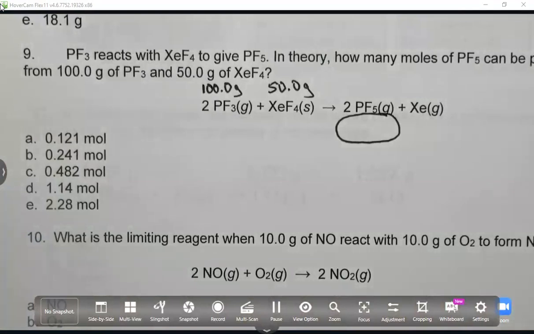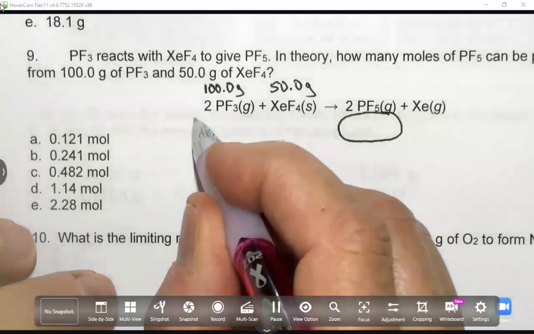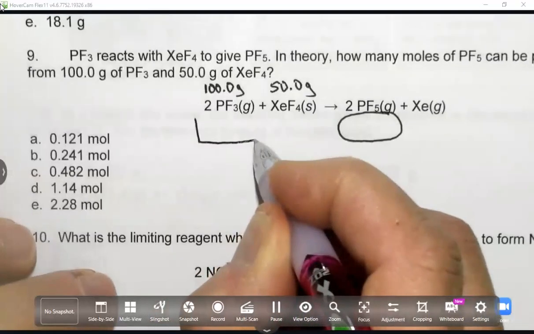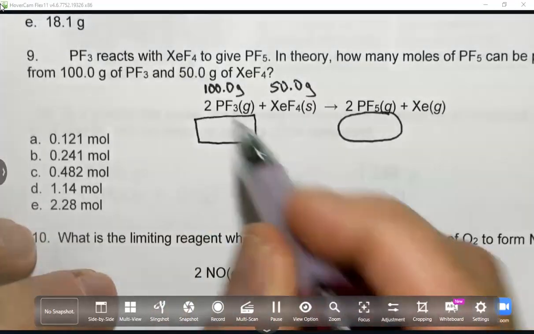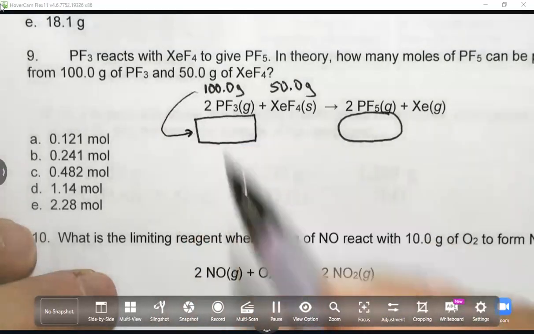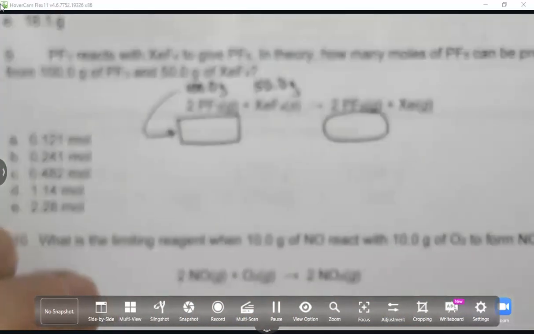So this for sure is a limiting problem. We need to figure out which one runs out first. So we are going to convert this 100 grams here to moles, right?